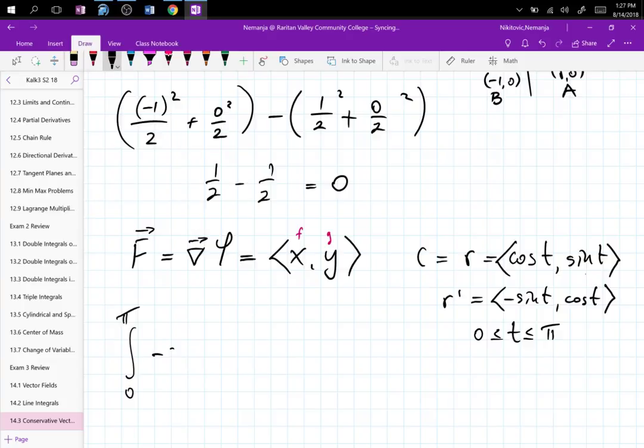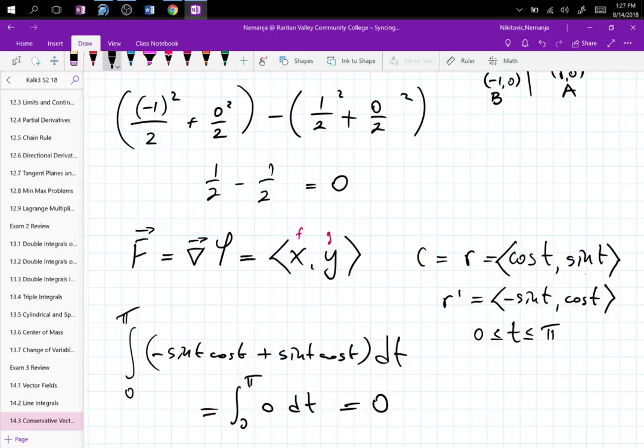It is minus sine t cosine t plus sine t cosine t dt, which is equal to the integral from 0 to pi of 0 dt, which is big fat 0. There we go. Cool. So 0 equals 0.